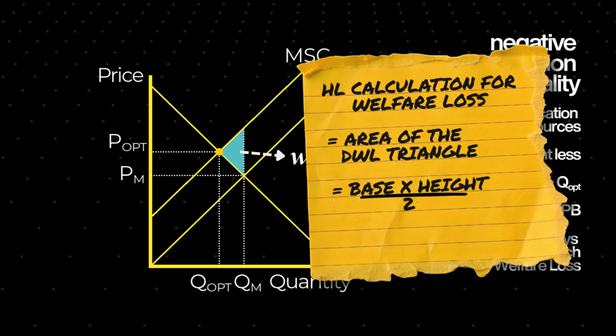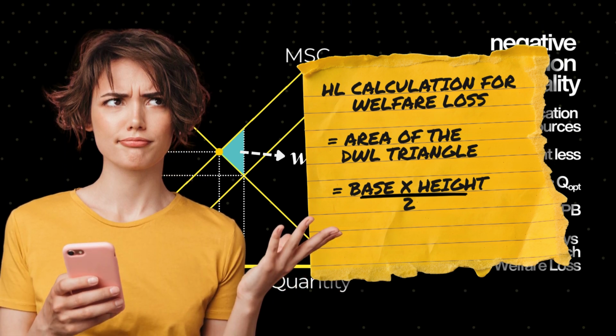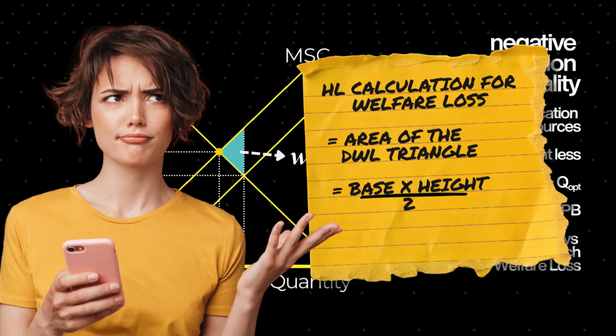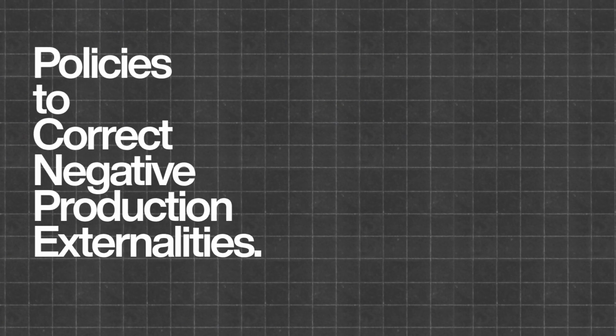But you may be thinking, so what? Well, the problem is that because private individual firms or consumers don't pay the full costs, they're more likely to overuse common pool resources. In this next section, we're going to talk about policies that aim to ensure that the individuals do pay some or all of this cost.